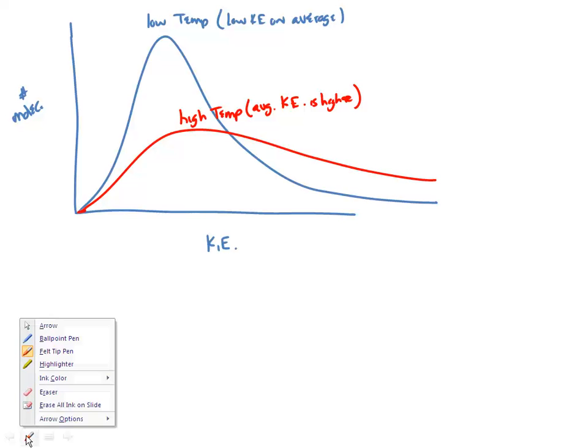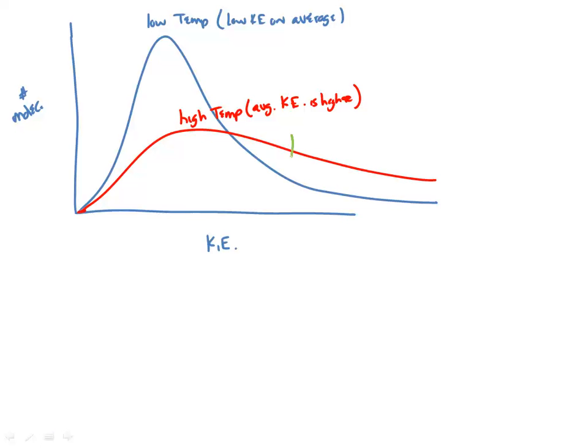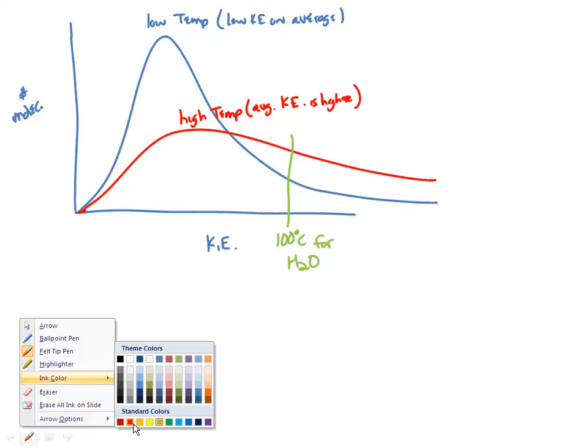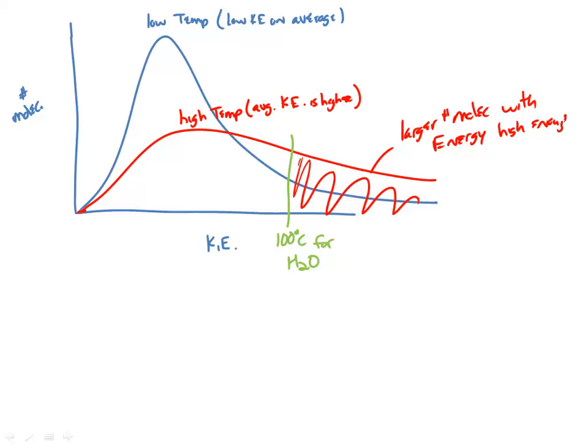And then if I simply pick an arbitrary point on this graph, for instance, for water, that arbitrary point might be 100 degrees Celsius. Then we notice that at higher temperatures, there's a larger number of molecules with energy high enough to go from the solid to the liquid state.